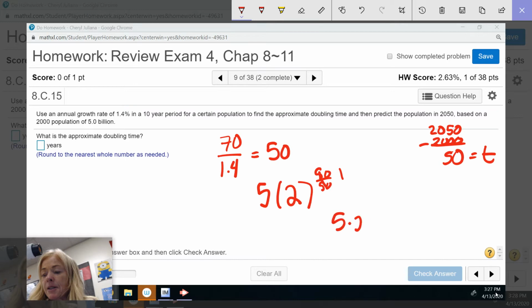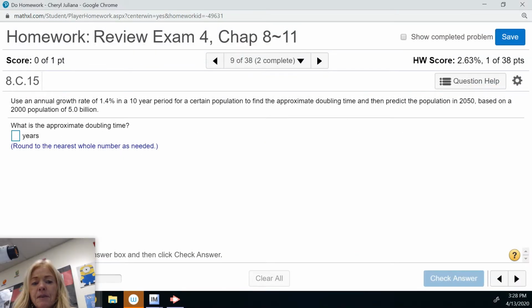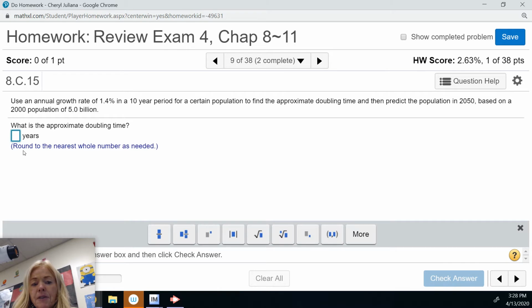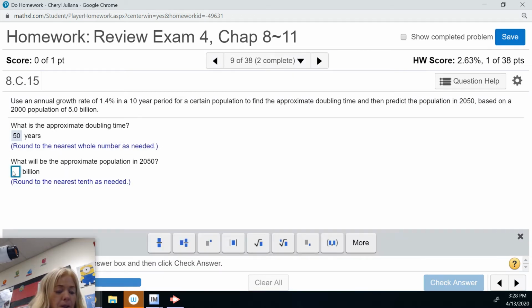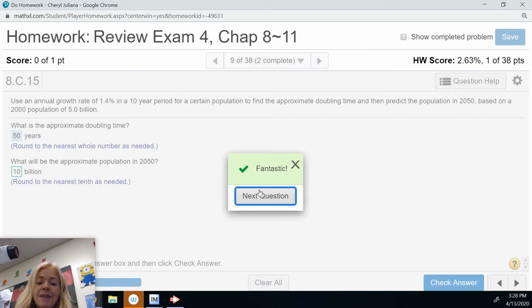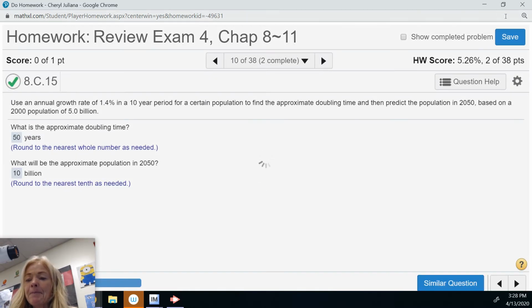So that means 5 times 2, or 10. So 10 billion will be the population at that time. All right, so what is it, 50 and 10? Oh, 50 years. It's a doubling time, and then we found it to be 10 billion for the new population. 50 years have passed with that formula. Awesome. All right, number 10.